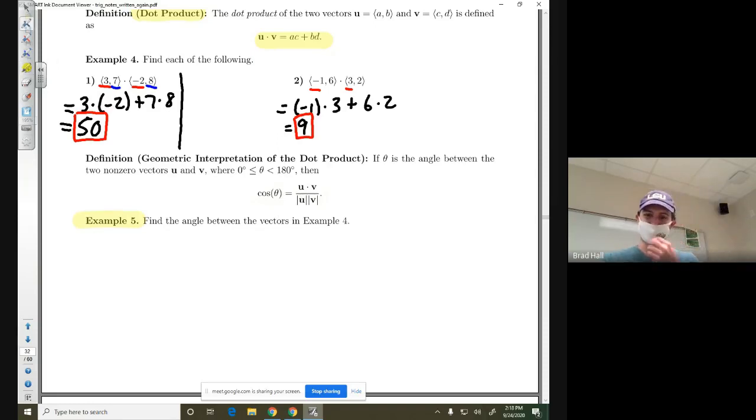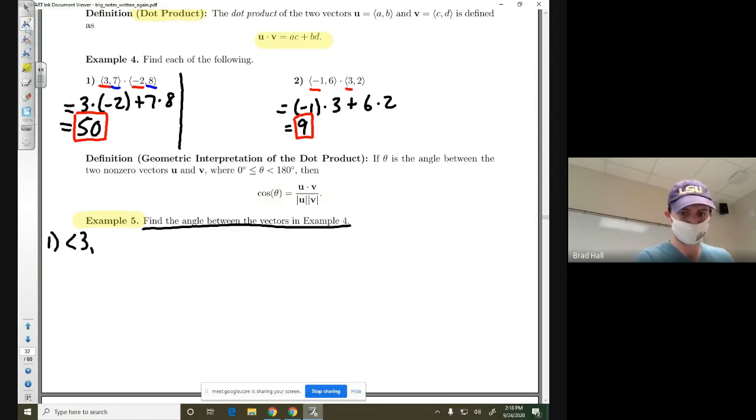Okay, so example 5. It says pretty much bring back all those vectors that we had above and find the angle between them. So problem 1, the two vectors that we had. I'm just rewriting them. We're going to find the angle between these two vectors. It's very helpful that in the previous example we found the dot product already.